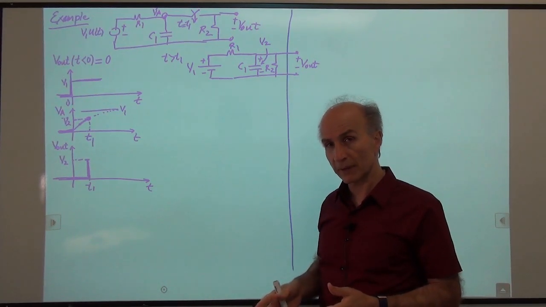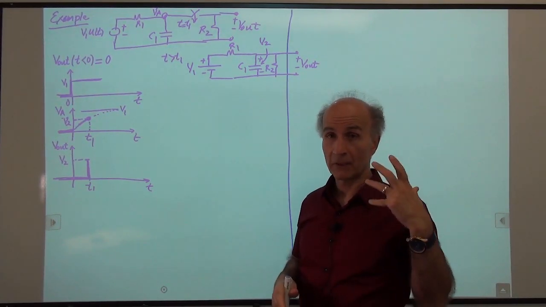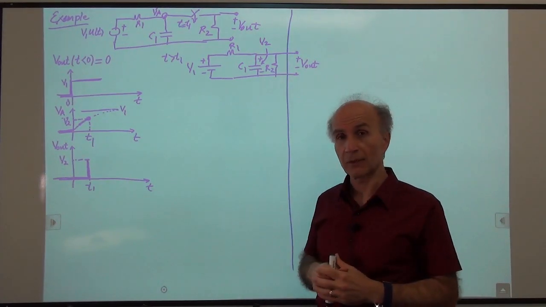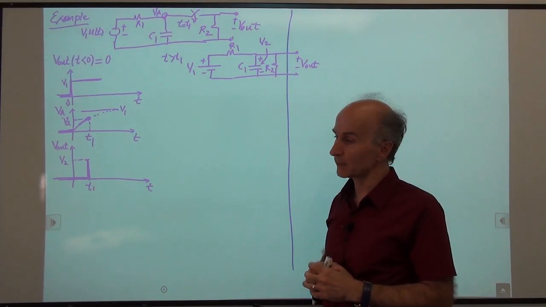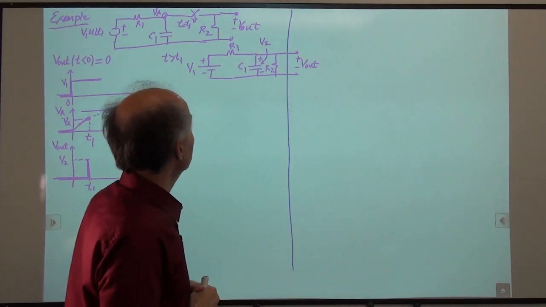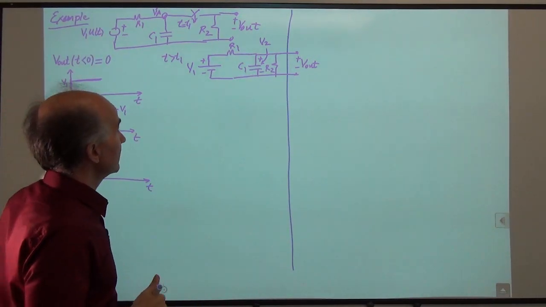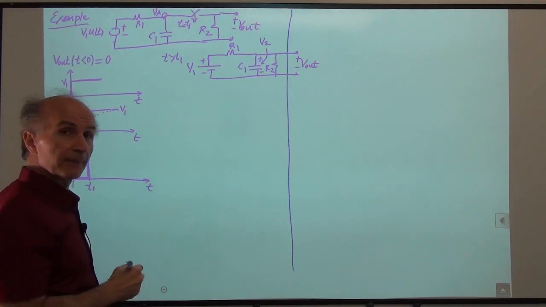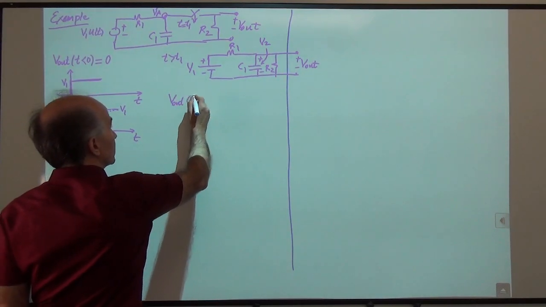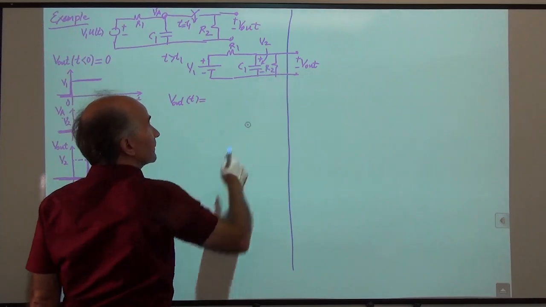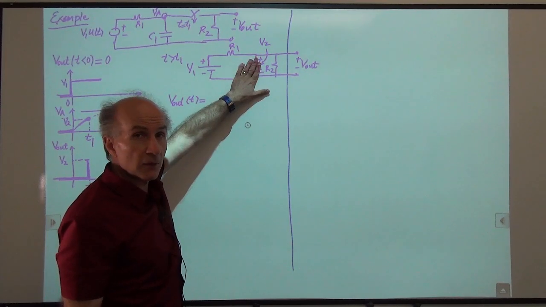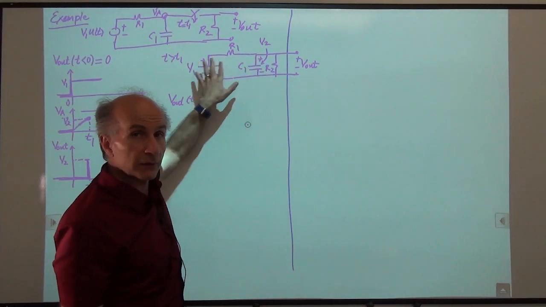All right, how do we solve the circuit? Well, remember, if we have a driven circuit with an initial condition, we can use superposition, or we can just sort of do it by inspection, right? We can solve it by inspection. Okay, so let's look at our time to make sure that we have enough time. Well, we're running out of time, but I can say that this is still a first order system. So I can say that V out is equal to this voltage at infinity. How much is that voltage at infinity? Well, this capacitor will be an open circuit at time infinity, so it's just the voltage divider result of these two.